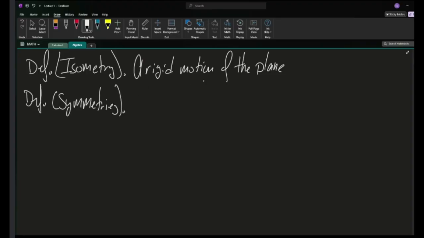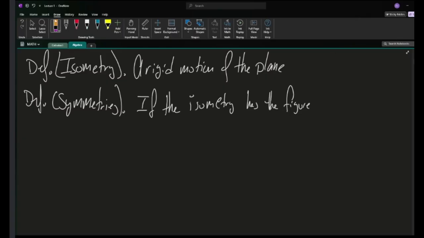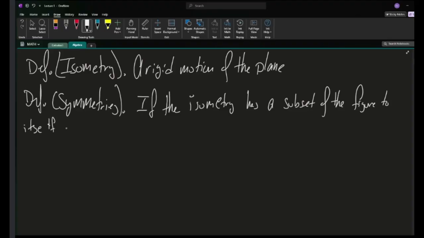So a symmetry is, if we take these isometries, and this isometry maps the figure, a subset of the plane, to itself, then this is a symmetry. Let me write this down officially.